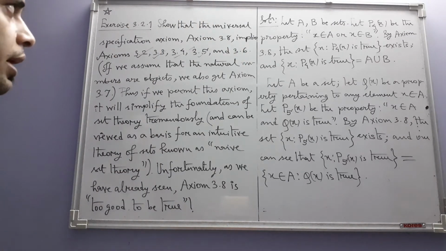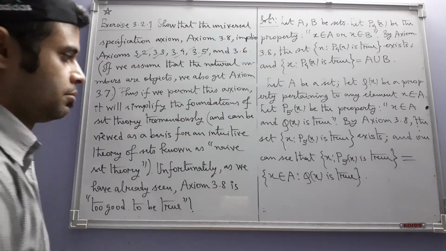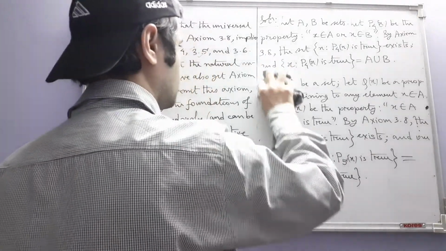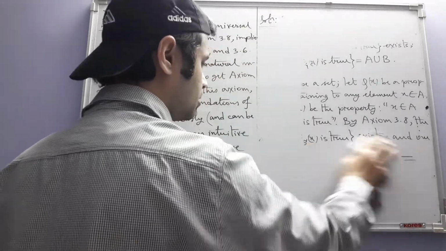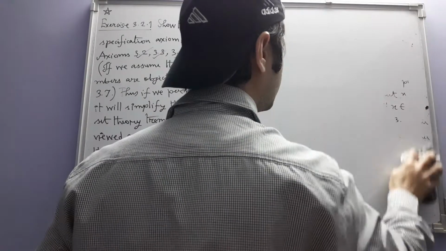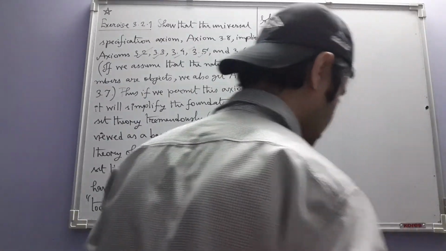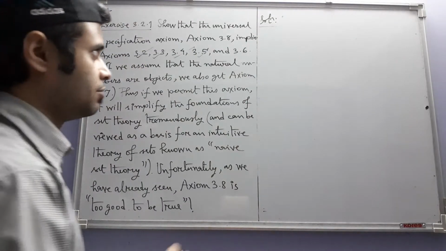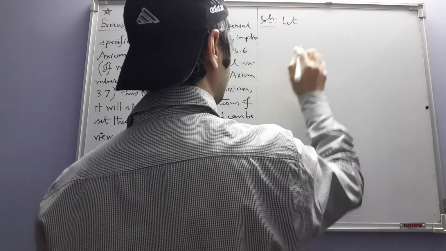Now we come to the axiom of replacement. Axiom of replacement is by far the most complicated because it has some conditions in the beginning itself. So let's recall those conditions.